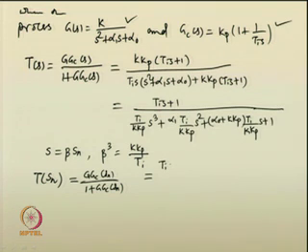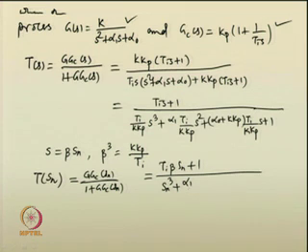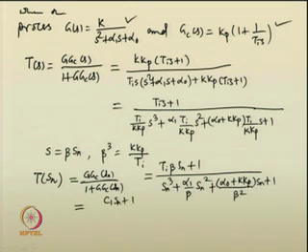This can be written as (Ti β sn + 1) upon sn³ + (α1/β) sn² + (α0/β² + k Kp/β²) sn + 1, which can be written in the generalized form (C1 sn + 1) divided by sn³ + d2 sn² + d1 sn + 1.